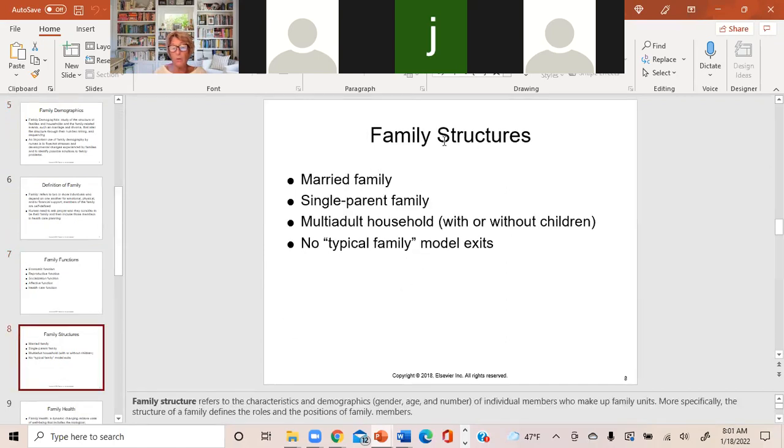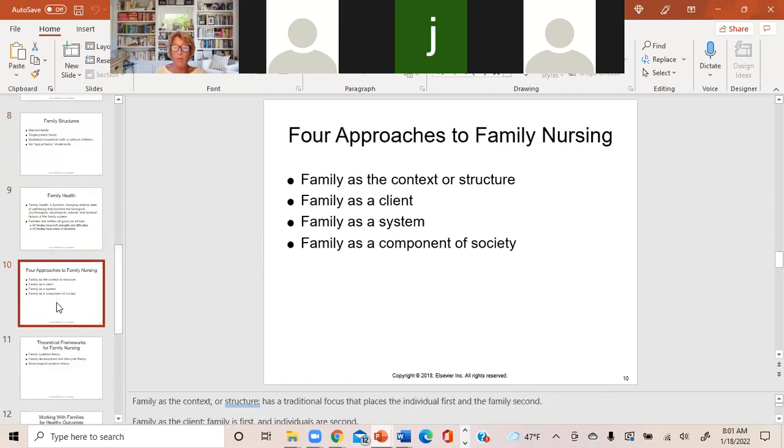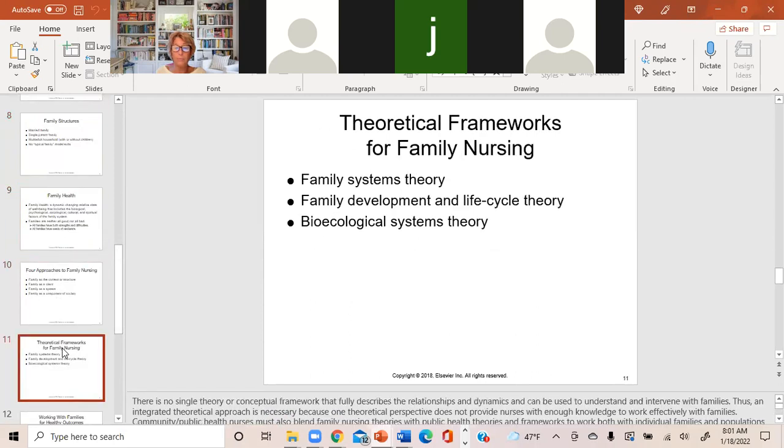What are family structures? You know, is it a married family, single parent family? Okay, what's family health? Theoretical frameworks for family nursing. I bet you didn't think there were theoretical frameworks for family nursing, but there are.